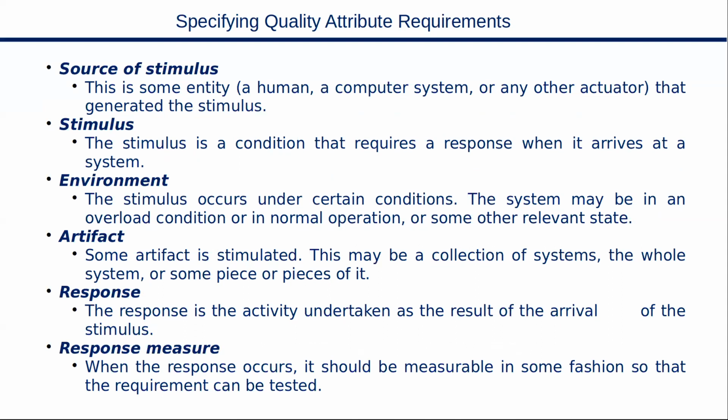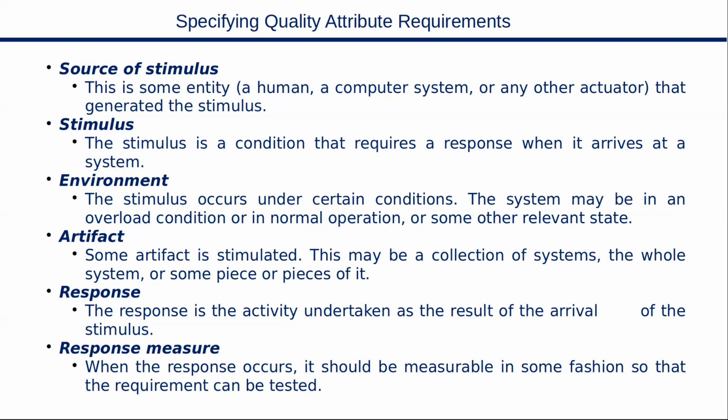This has some advantages and disadvantages, but there are some key aspects that we have to follow with strict rules. The common form of quality attribute expression has the following parts.